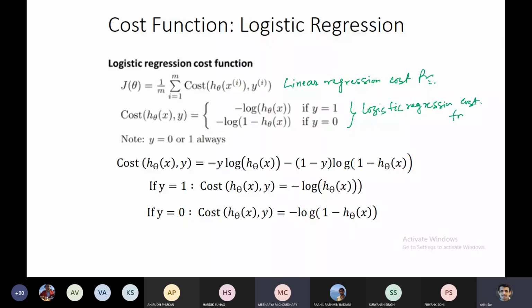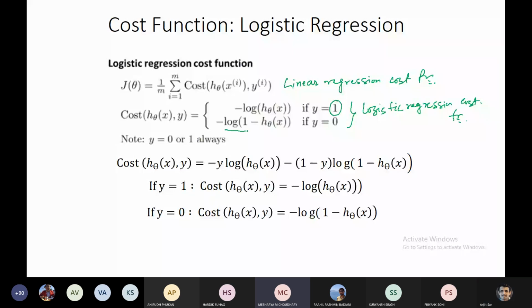We rewrite the logistic regression cost in this way, the cost of h theta of x, y. So we put minus y log of h theta x, and minus 1 minus y times log of 1 minus h theta x, exactly this.